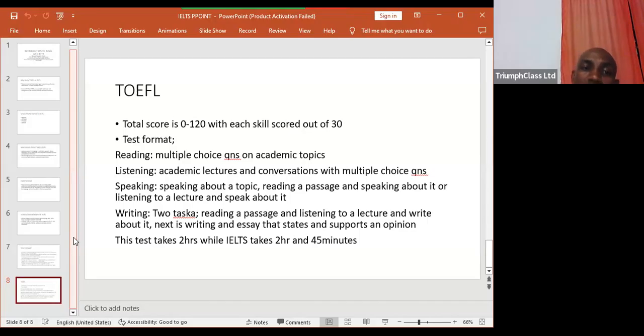So whereas TOEFL is strictly 2 hours, it's online, and it has to be done in 2 hours and everything has to be finished. That is TOEFL. For IELTS, it should be 2 hours and 45 minutes. That is what these tests are about.